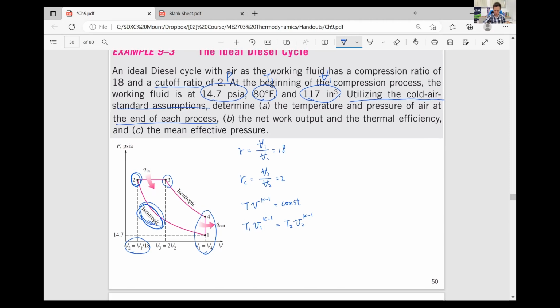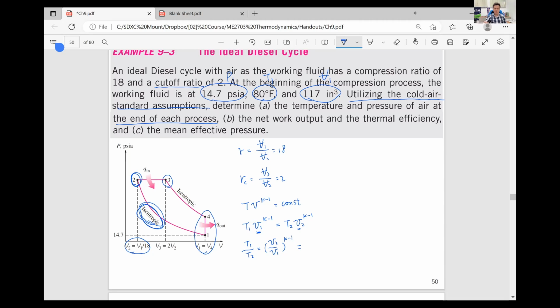So T1 over T2 is V2 over V1 to the K minus 1. And well, this V here is the specific volume.